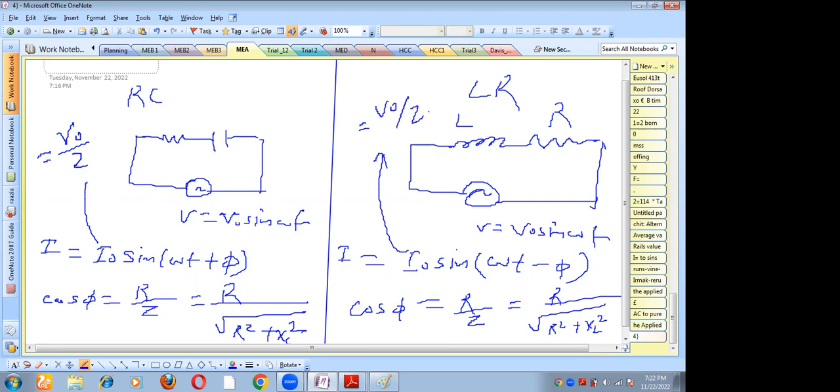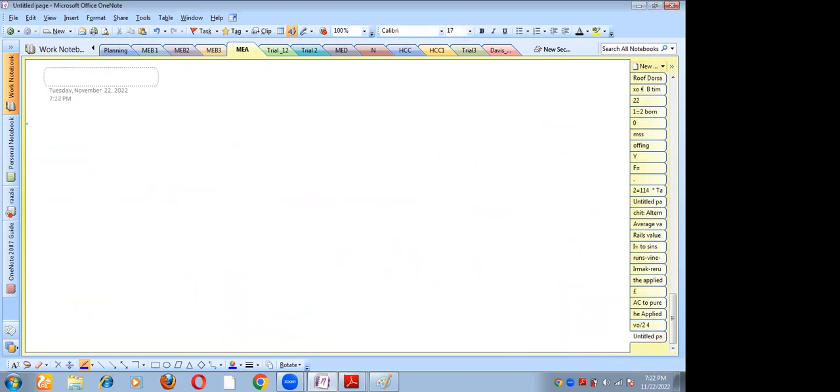Got it? Understood? Now we have a formula for power.